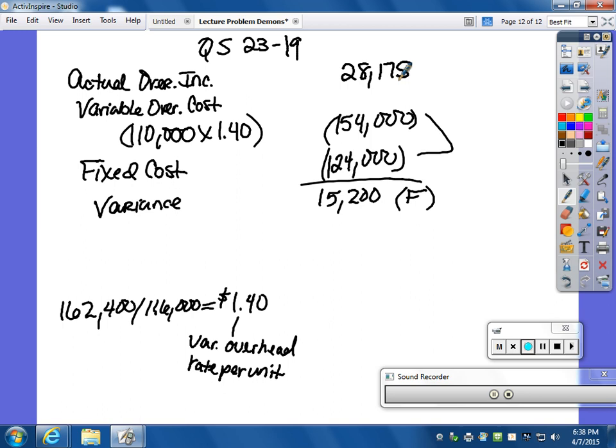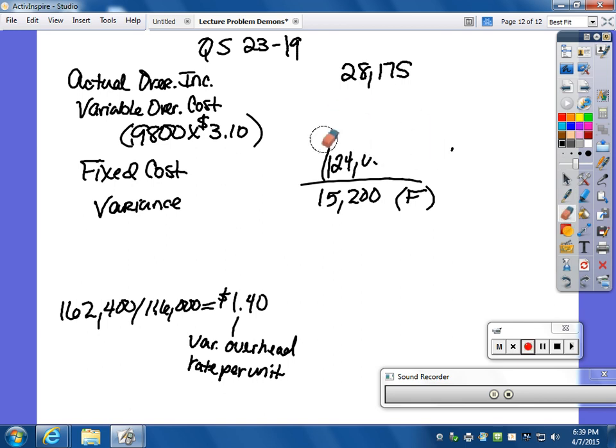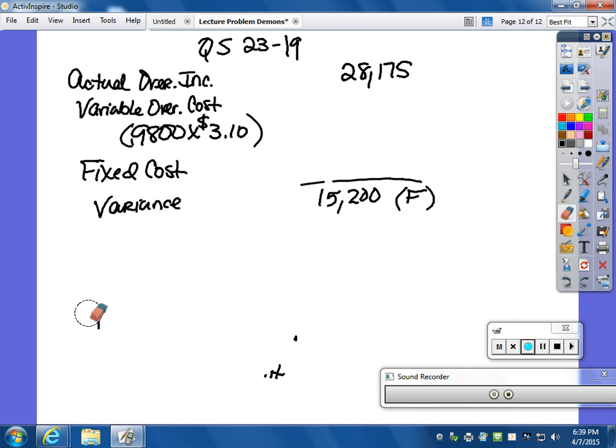So multiply that by how many units? 9,800 units times $3.10. How much is it? 30,380.